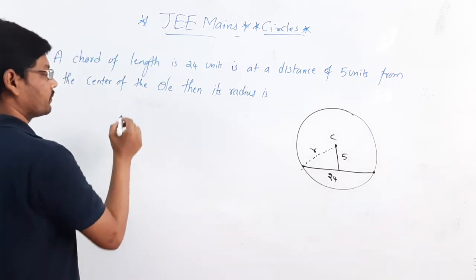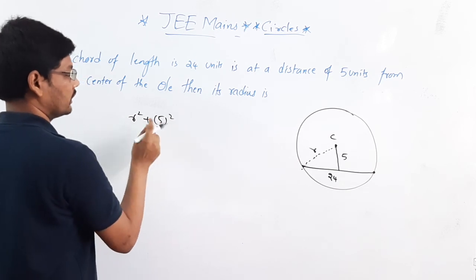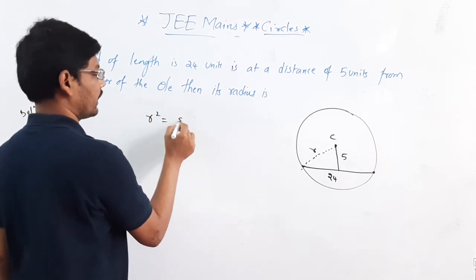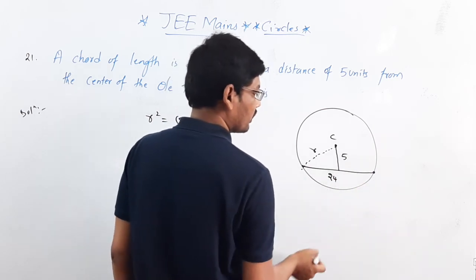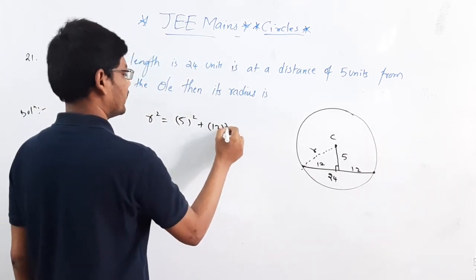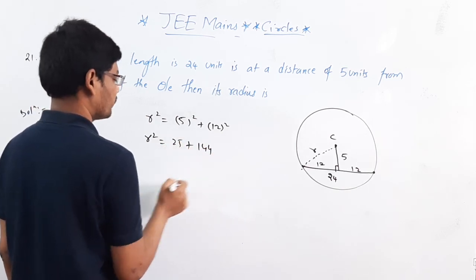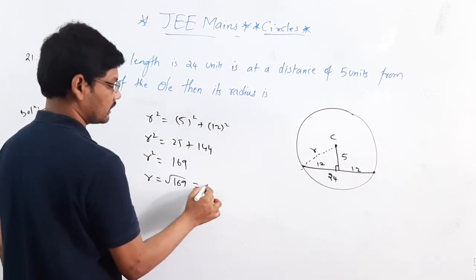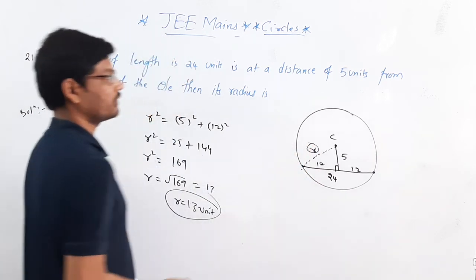From the Pythagoras theorem, r square is equal to 5 square plus 12 square, since the total chord length is 24, so this is 12 and this is also 12. So r square is equal to 25 plus 144, r square is equal to 169. r is equal to square root of 169, that is 13. r is equal to 13 units. This is the radius of this circle here.